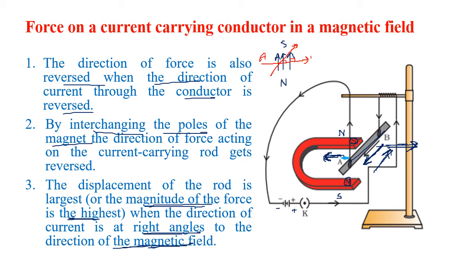So say the current is going from A to B, and the magnetic field is north to south. Maximum force is experienced when the magnetic field and the wire are perpendicular to each other, meaning at 90 degrees. So what can we observe here? When the direction of the current is reversed, the direction of the motion of the wire will change. If you change the polarity of the magnet, even then the direction will change, and the force is maximum when the wire is placed perpendicular to the magnetic field.